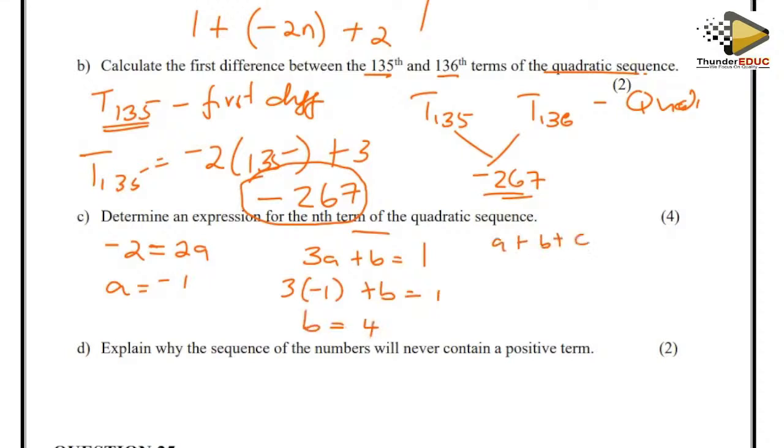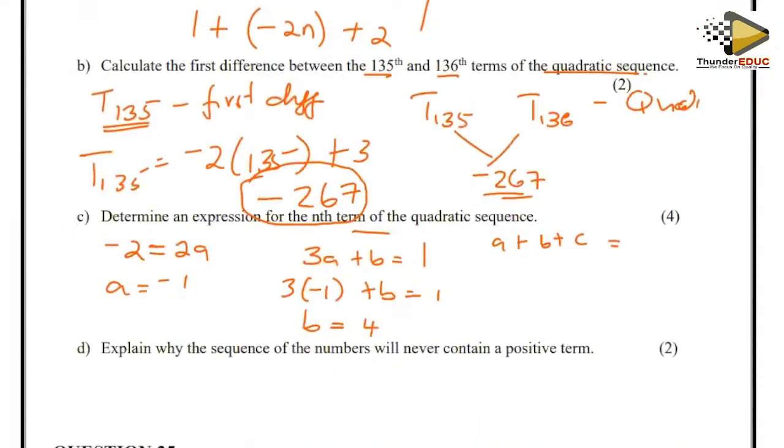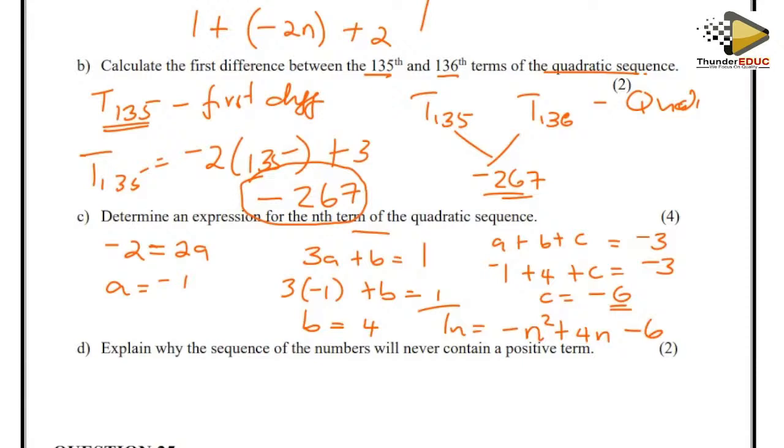Then a plus b plus c should give us the first term, which is -3. Our a was -1, our b is 4, and the c we don't know, should give us -3. So this will give us 3, which means c is -6, which means the Tn is going to be -n squared plus 4n minus 6.